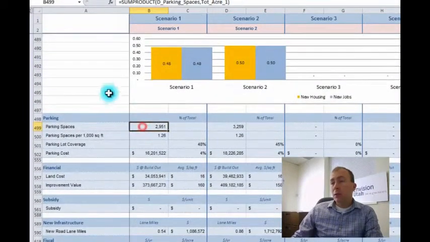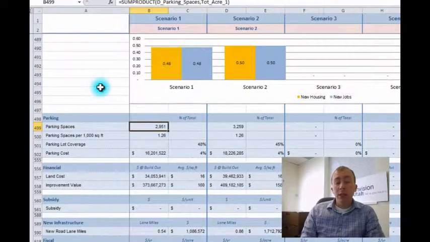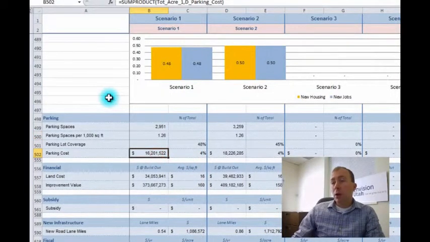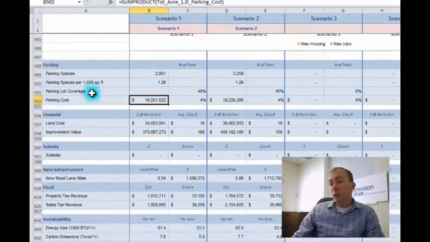It talks to the parking situation and how many parking spaces would be needed in the scenario, or how many parking spaces per 1,000 square feet of either retail, office, or industrial type development. It also looks at parking cost in terms of percent of total or in dollars.